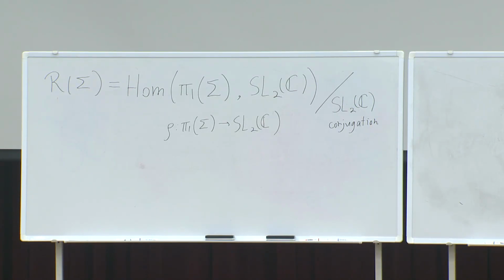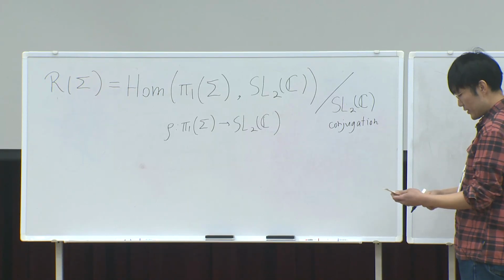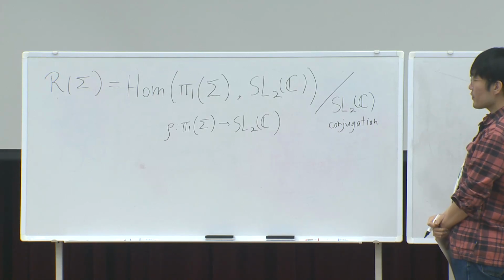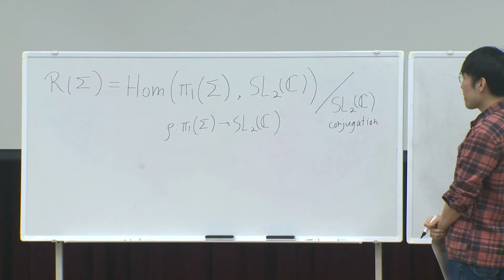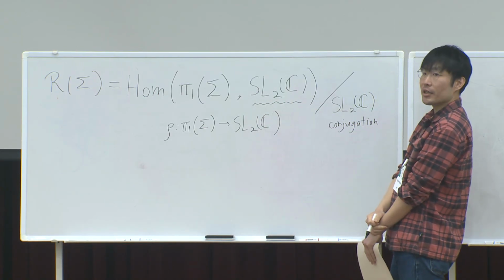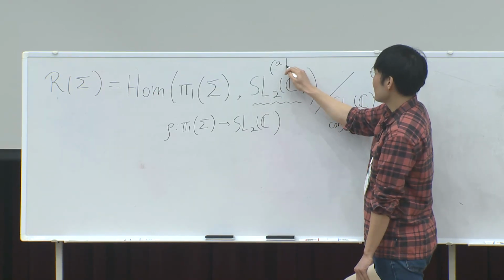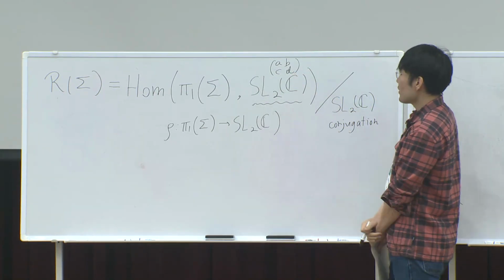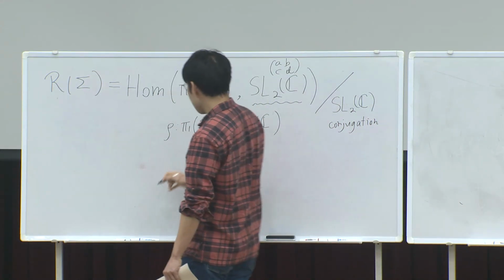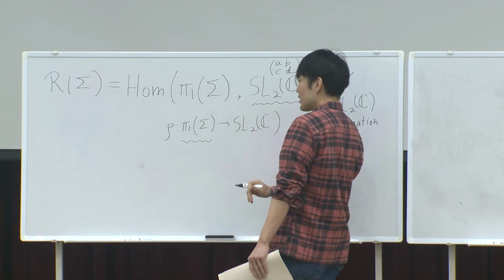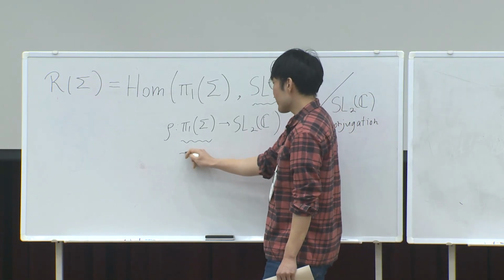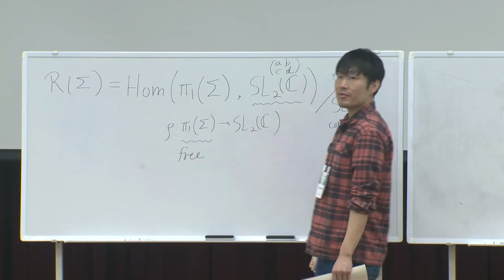And the collection of all these things is studied quite extensively. To be more precise, this is in the realm of algebraic geometry, because I'd like to see SL2C as an affine variety. So it has these 4 coordinates. In the case when sigma is a punctured surface, you can easily see from an algebraic topology class that the fundamental group is a free group on some number of generators.